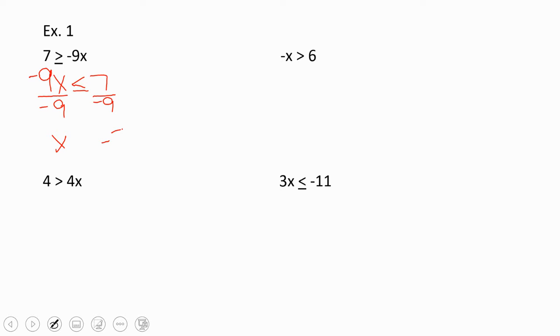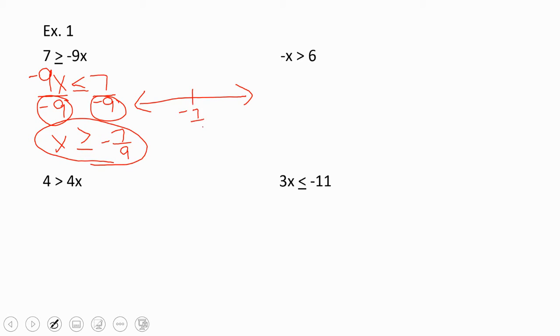Over here I get negative 7 ninths, just leave it as a fraction. Since I divided by a negative, I'm going to flip my sign. Last step is to graph it. Greater than or equal to. So fill it in, because it's or equal to, and shading to the right, because it's greater than.